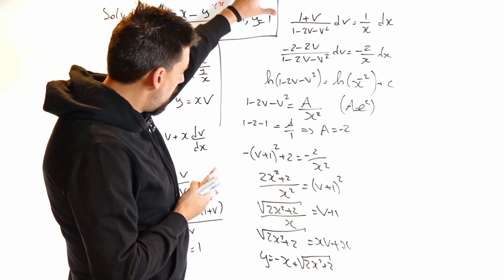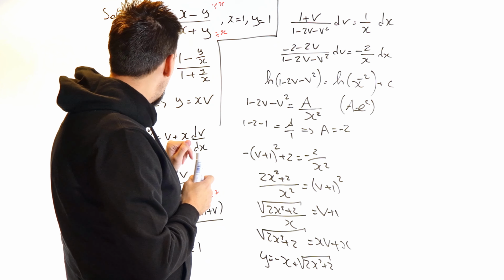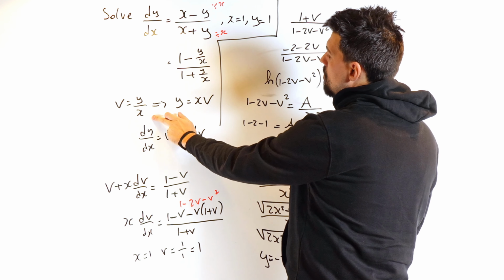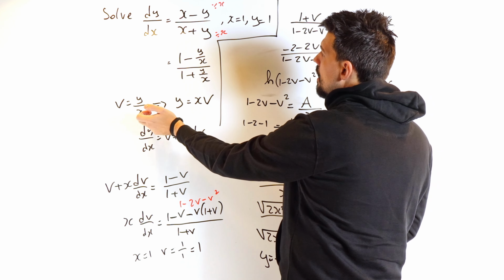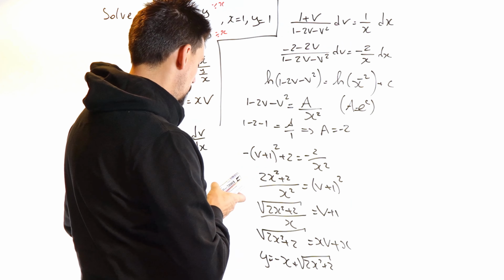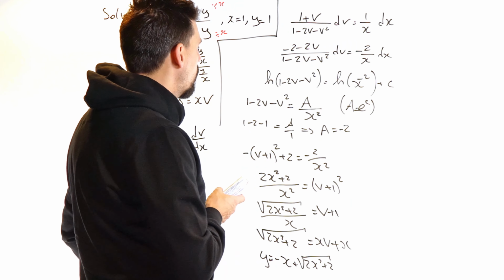Cool little change of variable, lots and lots of lovely maths playing around. We do need to be a little bit careful because of my change of variable here. I do need to be a little bit careful what happens at x is 0, because v blows up when x is 0. So I probably do need to have a little double check here, but I think we're okay.